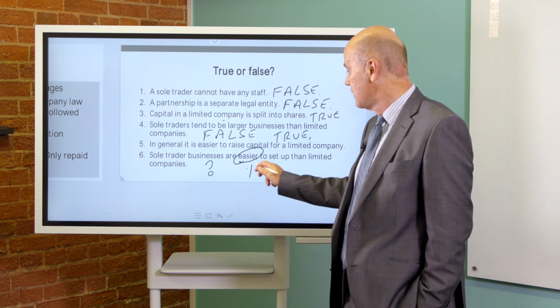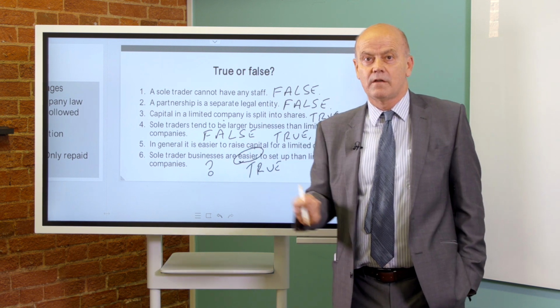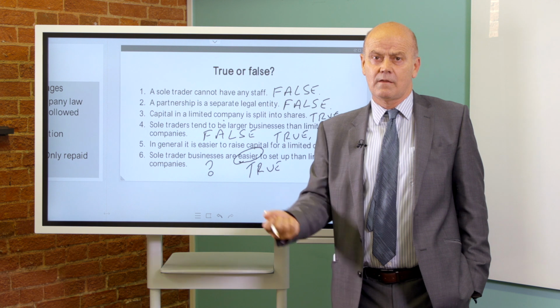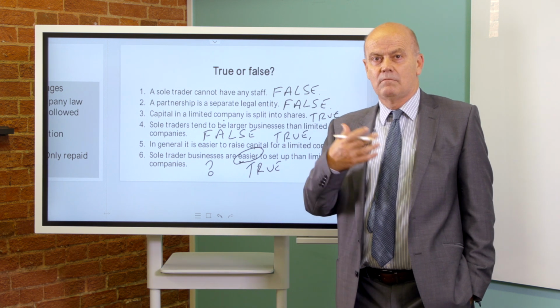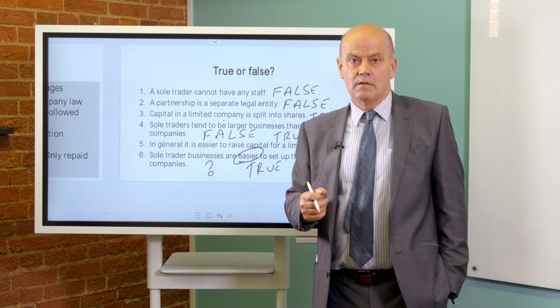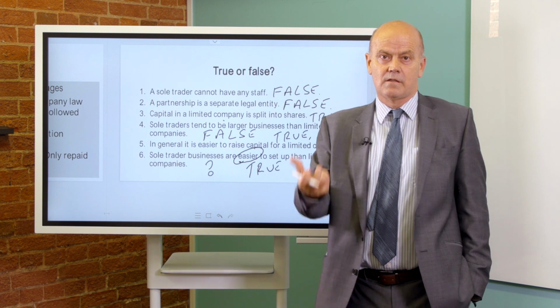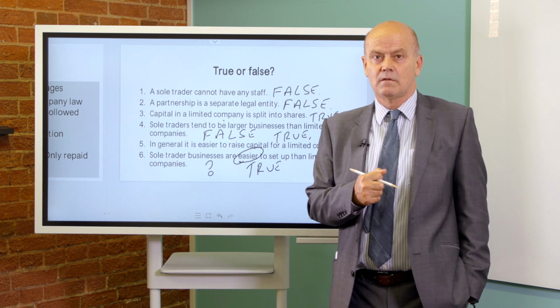Yes, they are easy to set up. That is true. What do we have to do to set up a sole tradership? Almost nothing. We just say we're a business. The only thing we really need to do is to tell the tax authorities to say we have a business. That's all we have to do.